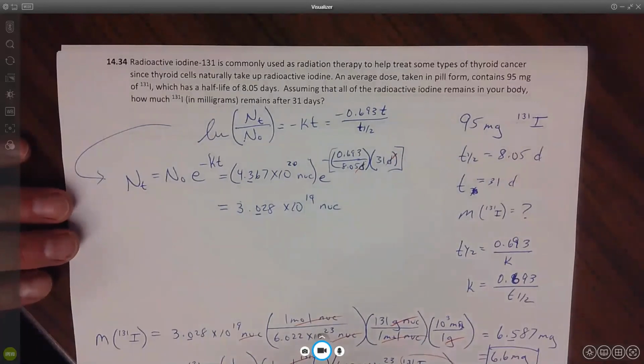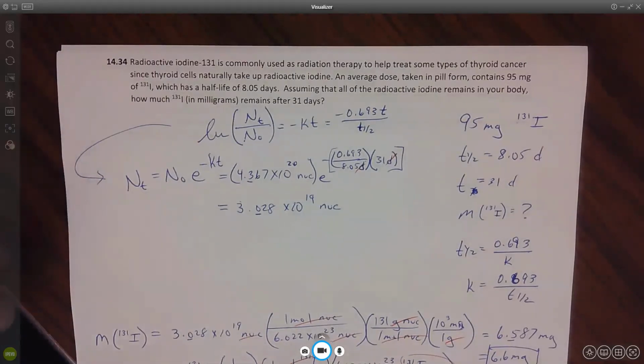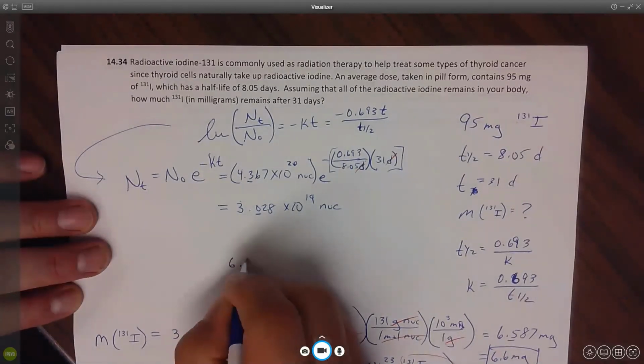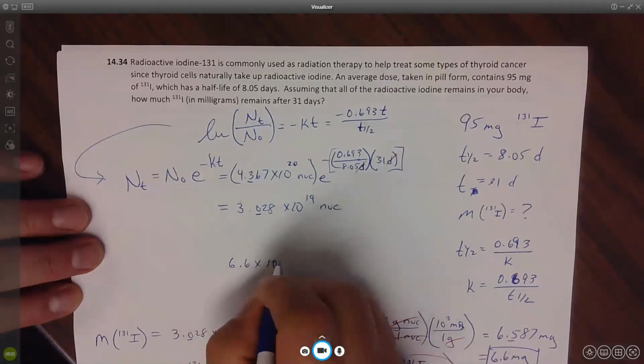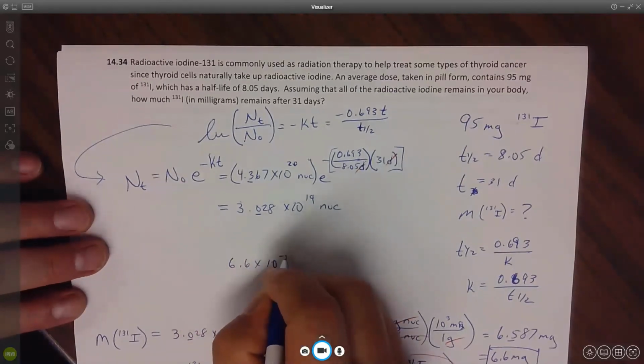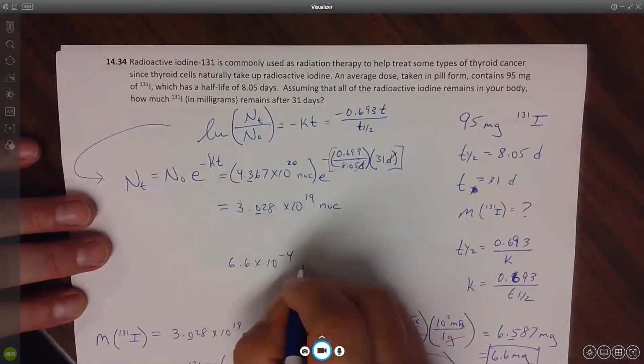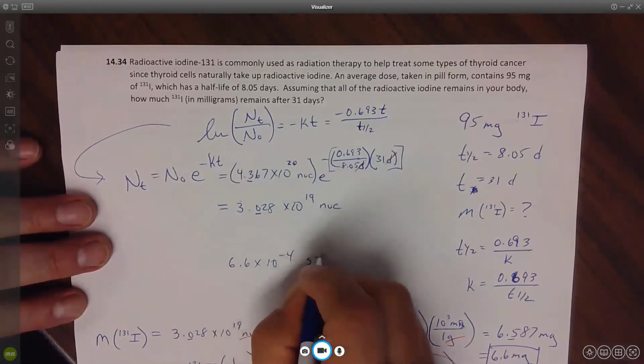And you took a Geiger counter, and you measured the radiation with a Geiger counter. And it gave you some amount, right? I'm just making up a number here, but let's say it's 6.6 times 10 to the negative 4, and the units would simply be per second.